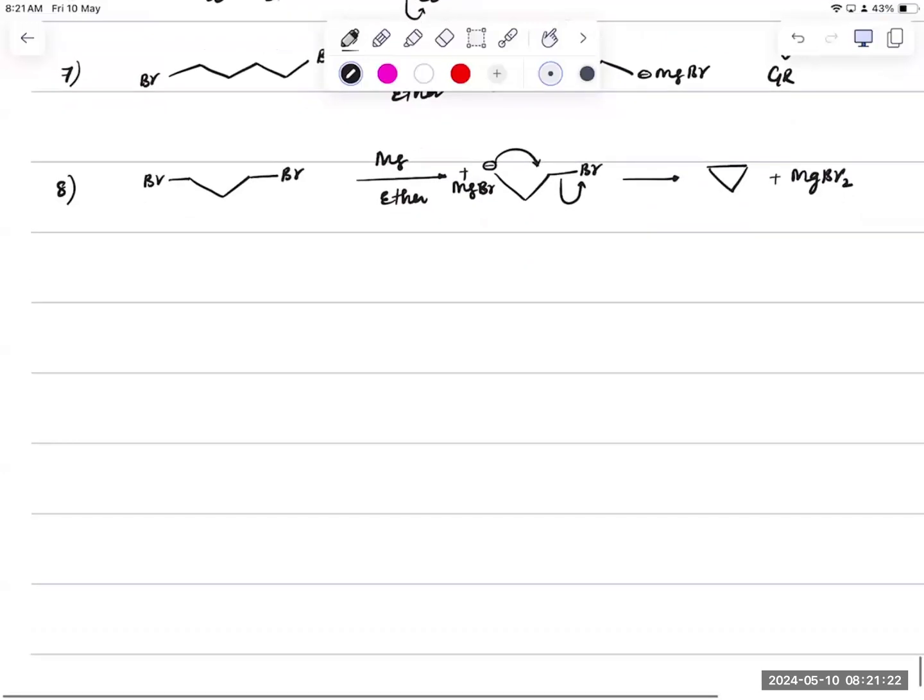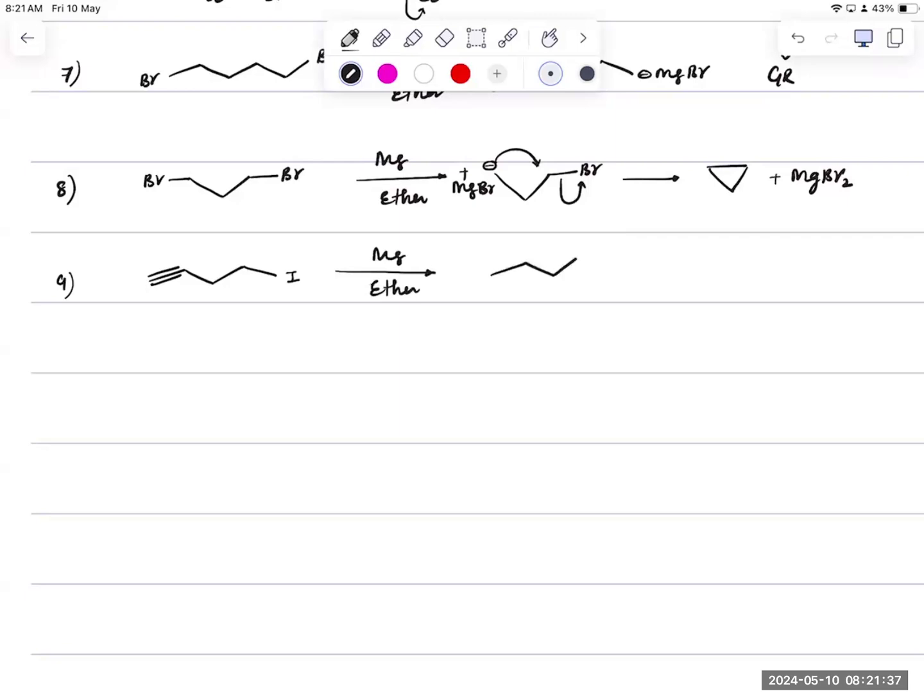Even if you have a triple bond, let's say 1, 2, 3, 4 iodine here, and then you have a triple bond here. Here also, if I take magnesium and ether, first we will get minus and MgI plus here, and then there is a triple bond here. So with a triple bond, you know that hydrogen is sufficiently acidic.